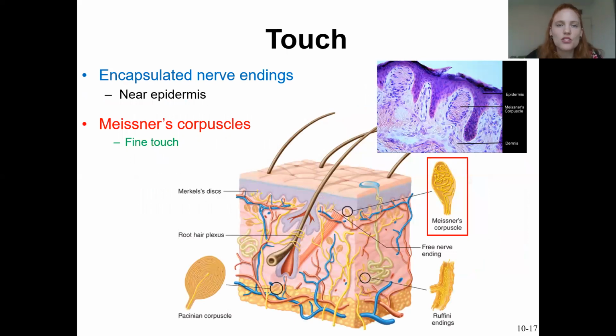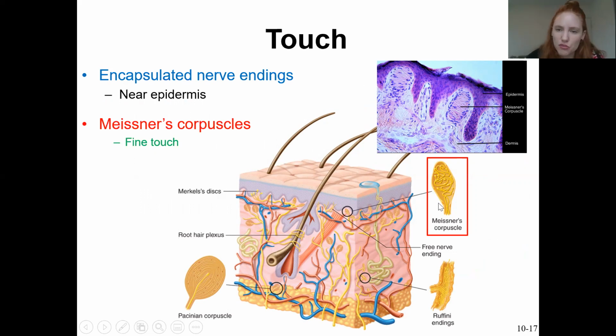Okay, let's go into touch. Now there are two different types of touch receptors. You have touch receptors for fine touch, and then you have a different receptor that's for deep pressure. The one that is for fine touch is called the Meissner's corpuscle. Corpuscle just means body, like a solid circular body.